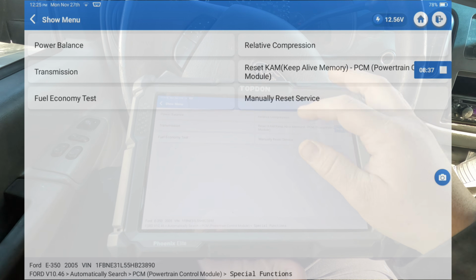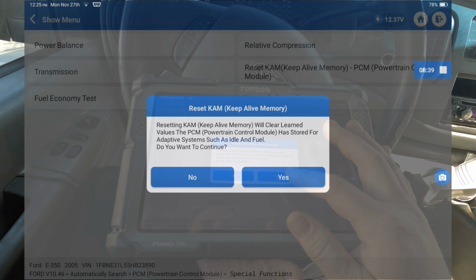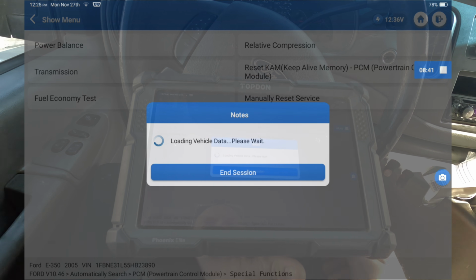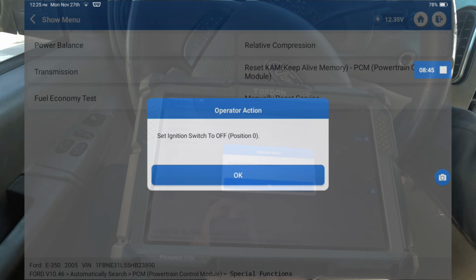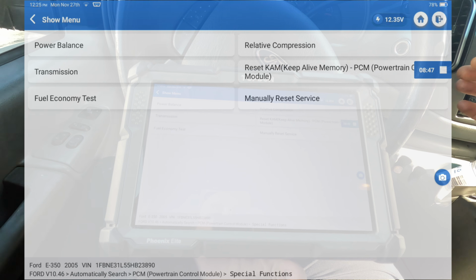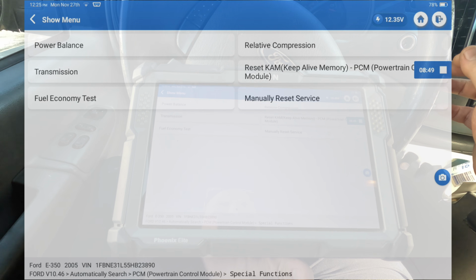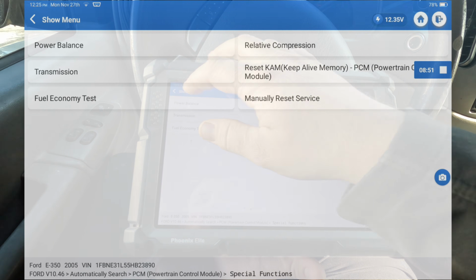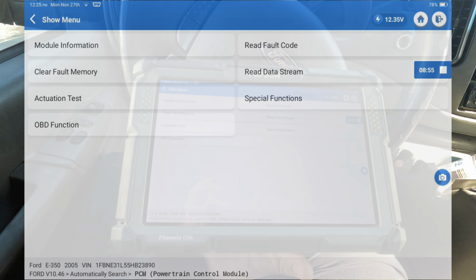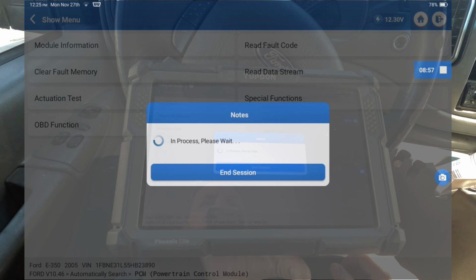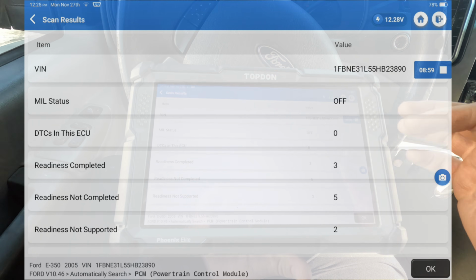Special functions. Keep alive memory. Yes. Okay. Let's turn it back on now. Let's go to OBD functions. This will give us the same data as before.